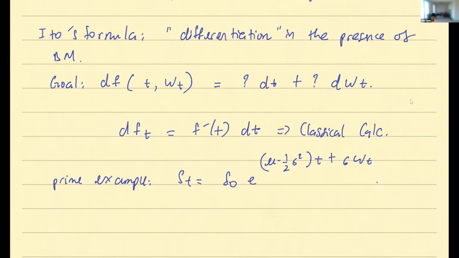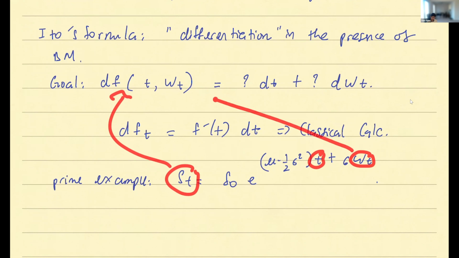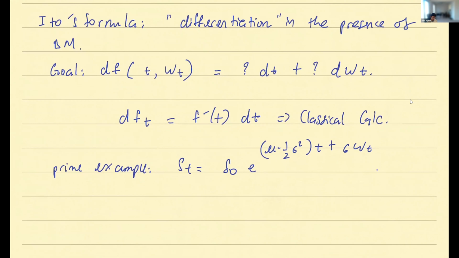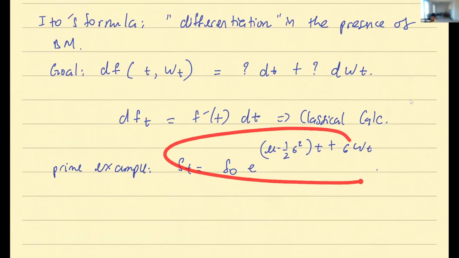So see, the stock now is a function of t and Brownian motion. So now we pretend that we have this.